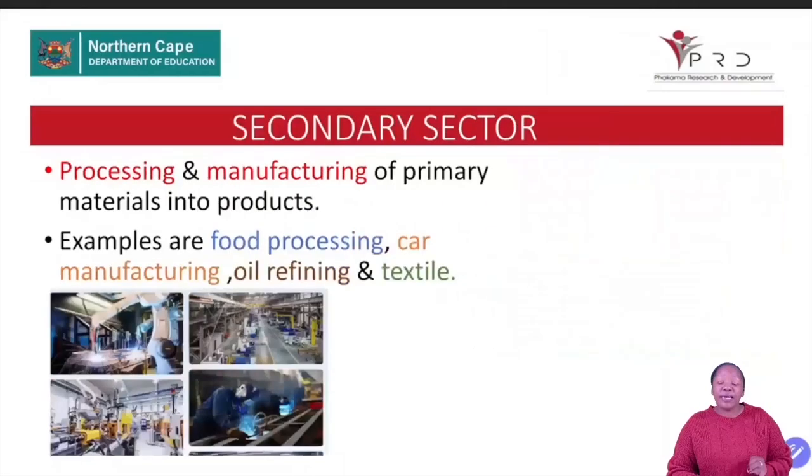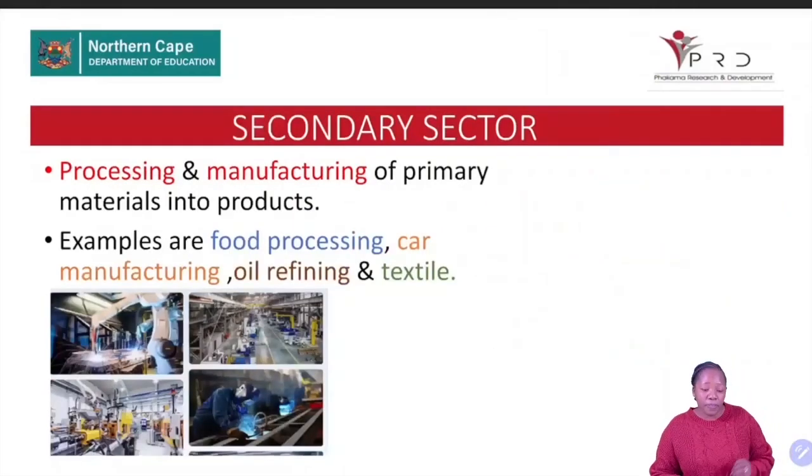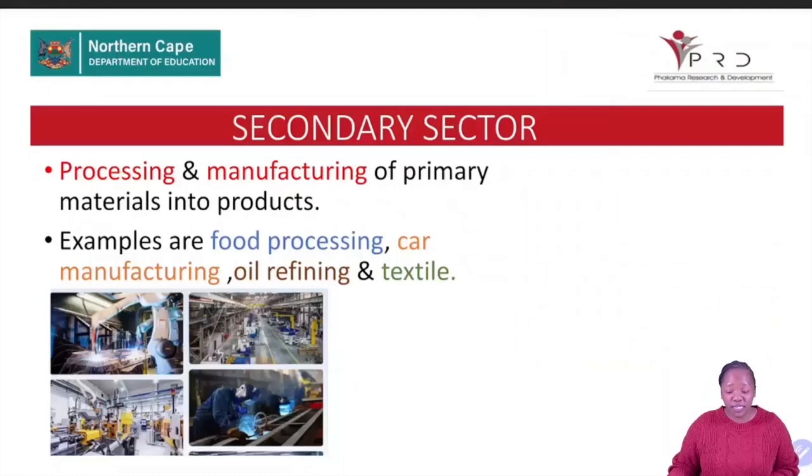Then we're moving right along to our second sector, the secondary sector. Again, we need to know how to define what a secondary sector is, and we must know the examples of this secondary sector. So here, if we may define the secondary sector, we are talking about the processing as well as manufacturing.